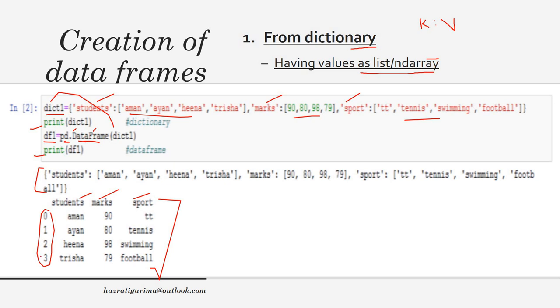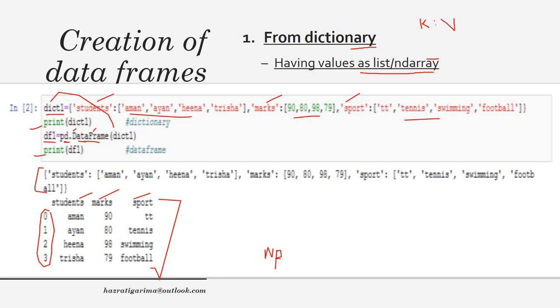Why is it 0, 1, 2, 3? Because I haven't specified any index over here. That's why by default it is 0, 1, 2, 3. Why is it by default 0, 1, 2, 3? Because we all know that Pandas is based on which package? The NumPy package, and NumPy is made up of arrays, right? So that's why its initial indexing is always 0, 1, 2 and 3.